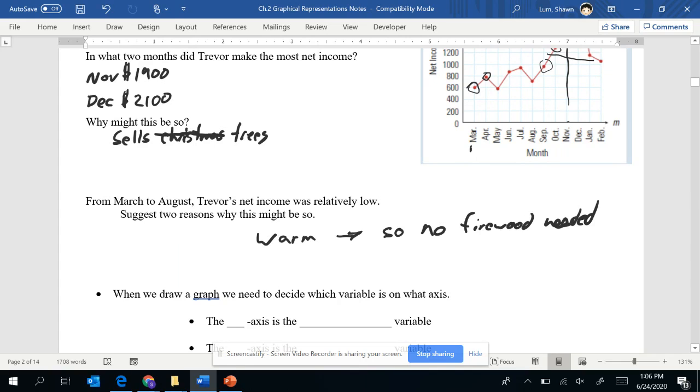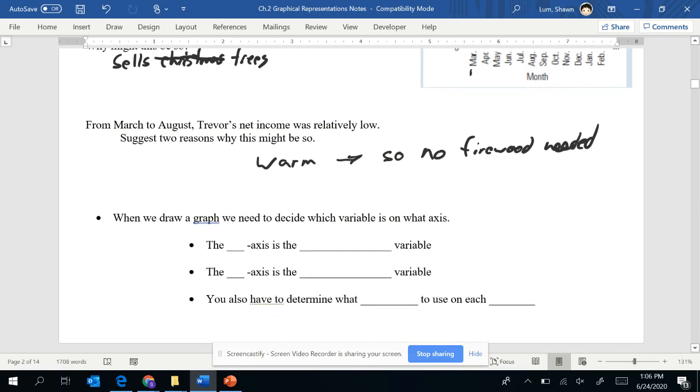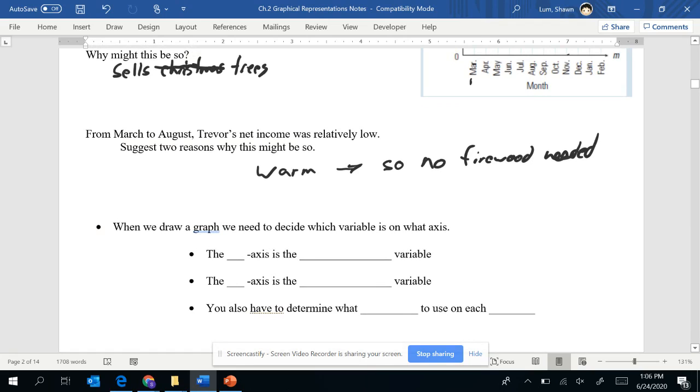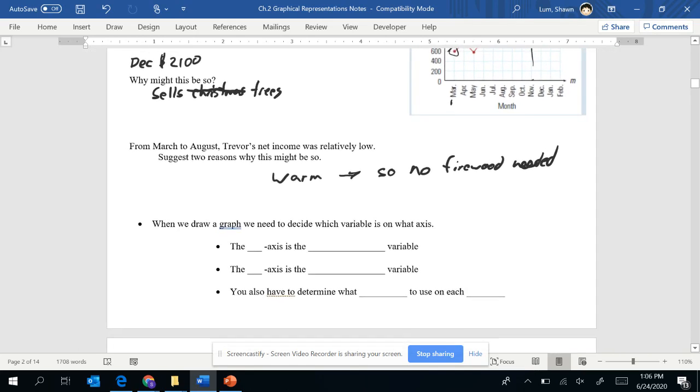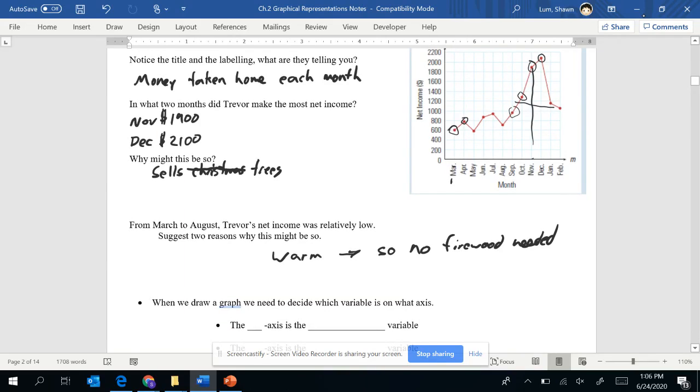So going down the list, when we draw a graph, we need to decide which variable is on what axis. Here we've already determined that this horizontal axis is called the x-axis. This axis right here is called the y-axis.